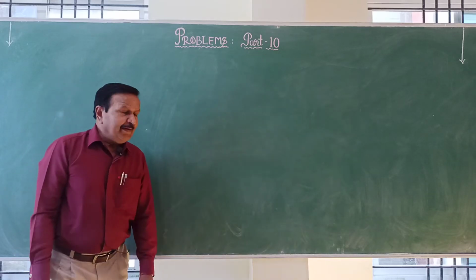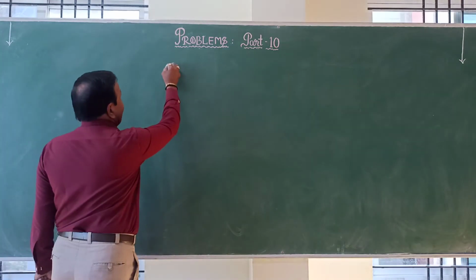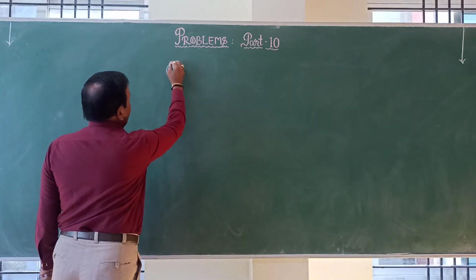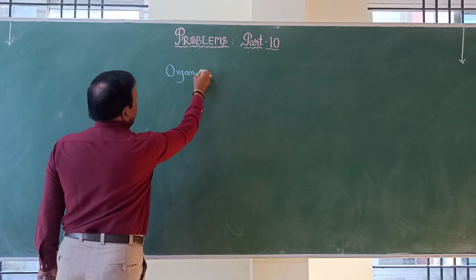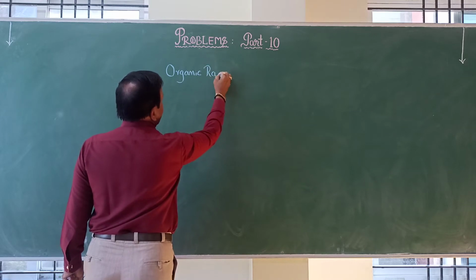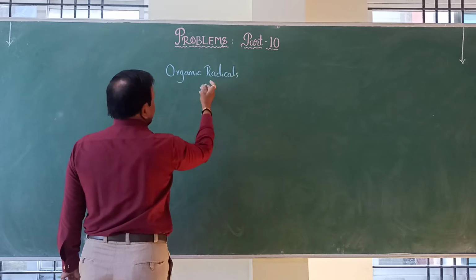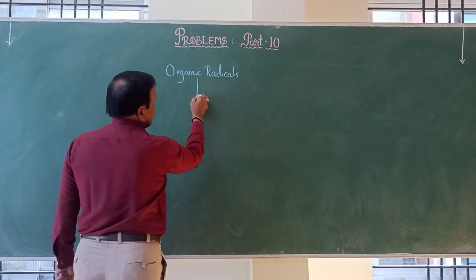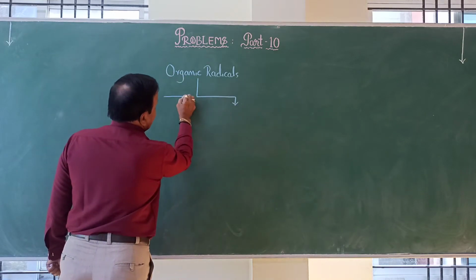In part 9, we have covered what are radicals, or what are organic radicals. This you remember because it is going to help you a lot for PUC first year and PUC second year. So organic radicals are of two types.